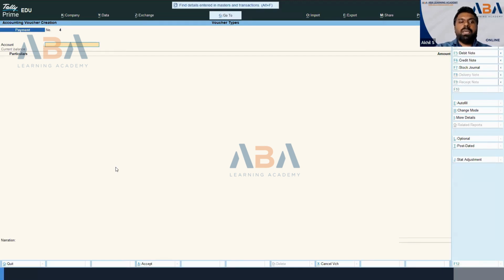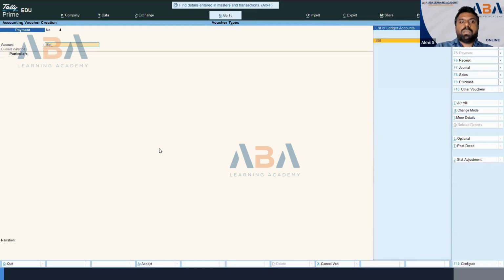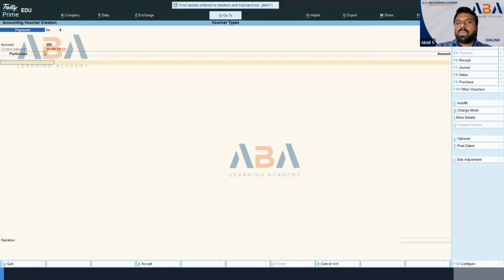It is asking us to select SBI Bank, so I'm selecting SBI Bank. This negative balance we don't have to worry about for now because this is sample dummy data. When we start working on real live data, we will understand how it's done. For now, you just need to understand the concept. So we are selecting SBI and making the payment to XYZ suppliers.